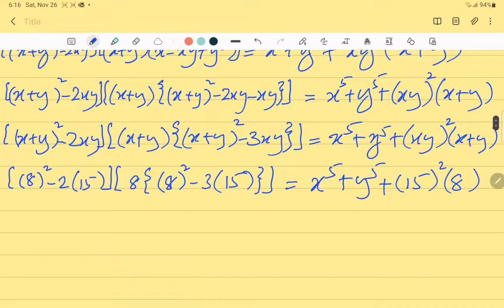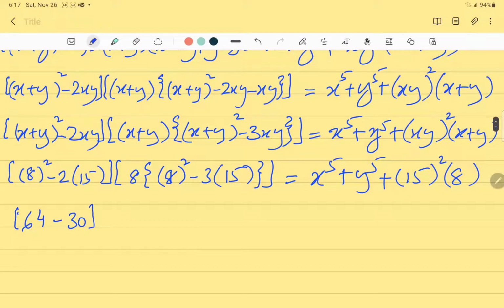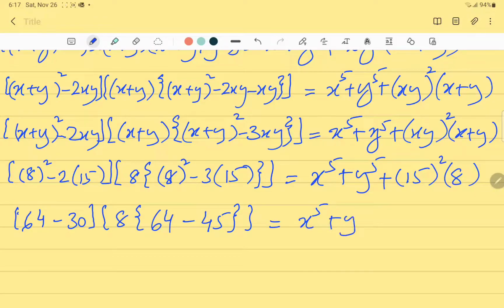Let us solve this equation. So 8 square is 64 and 2 into 15 is 30. Then 8 square is 64 and 3 into 15 is 45. x^5 plus y^5, 15 square is 225 into 8, it will be 1800.